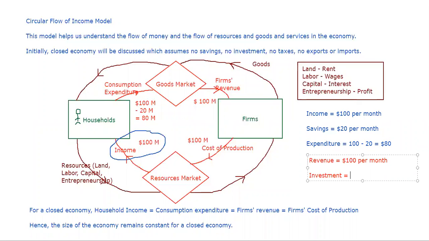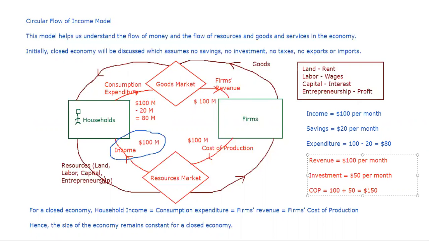So they spend additionally something like 50 per month. So what we're saying is they earn $100, they receive 50 loan from the bank, so cost of production increases to 100 plus 50, which is 150. They will be able to spend 150.